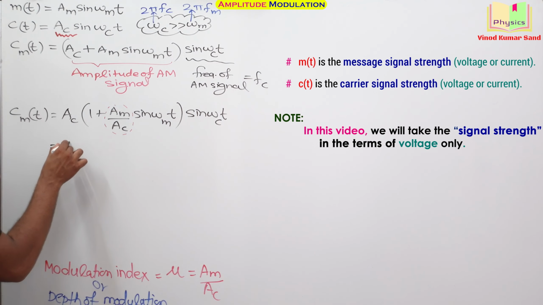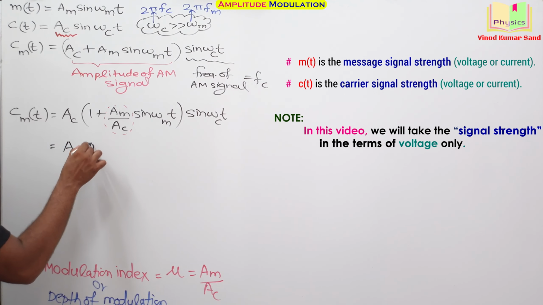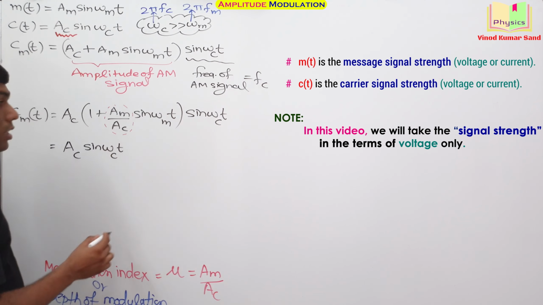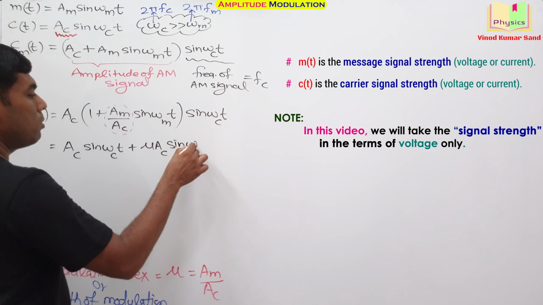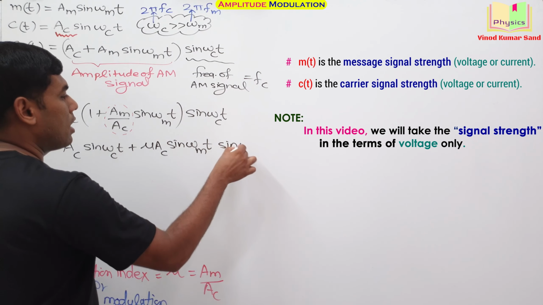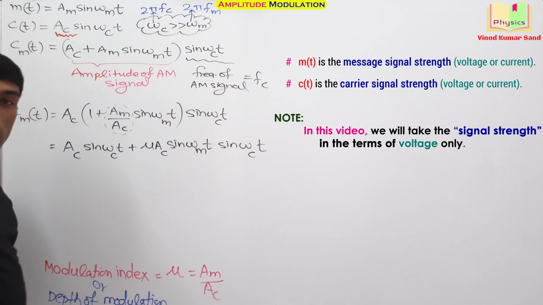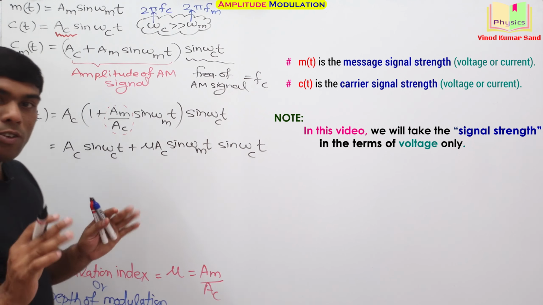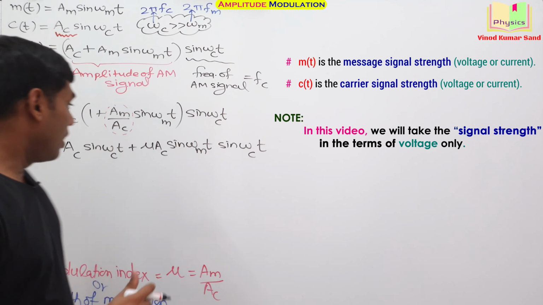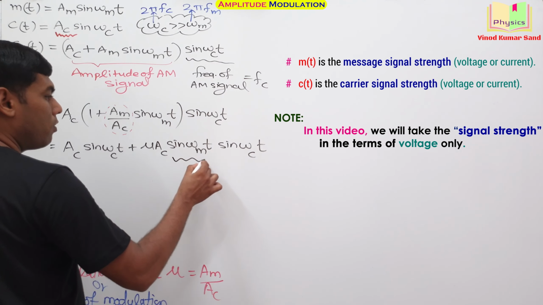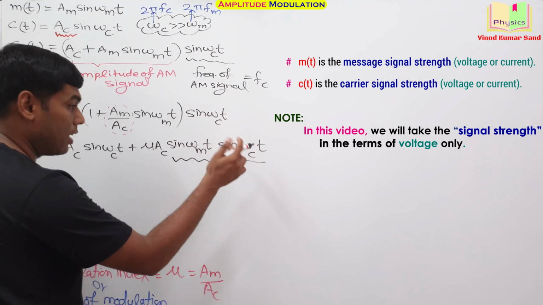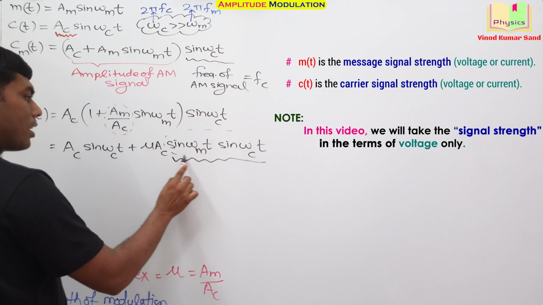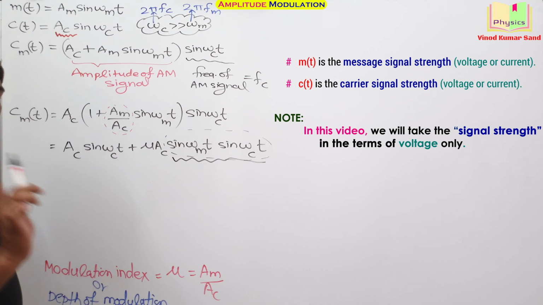Simplifying it, it will be written as Ac sin(ωc t) plus μ Ac sin(ωm t) sin(ωc t). Okay. Any device which is producing an AM signal should be capable of multiplying the message signal and the carrier signal. This is the characteristic of any AM signal.